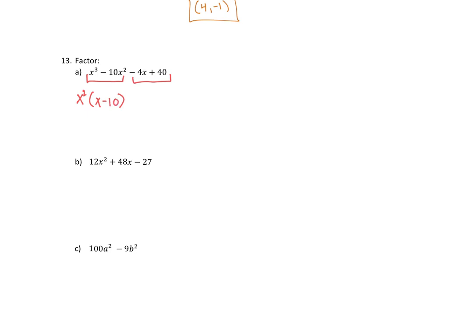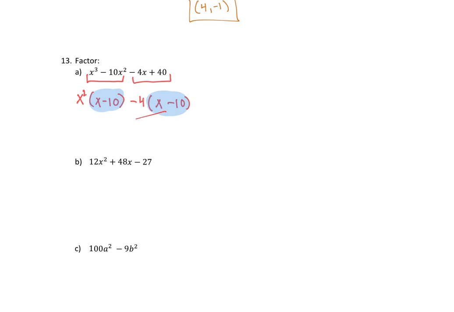On my second 2 terms, my GCF is -4. So if I go -4x divided by -4, that's x. 40 divided by -4 is -10. Okay, now each of my groups has a common factor of x minus 10.